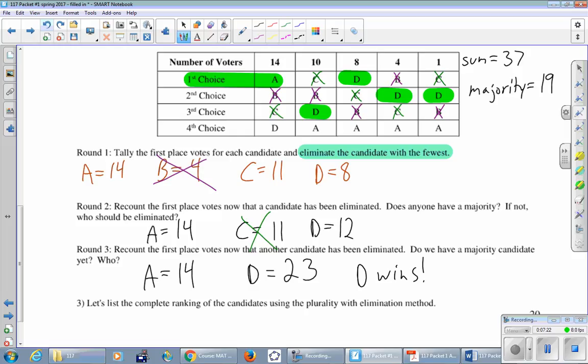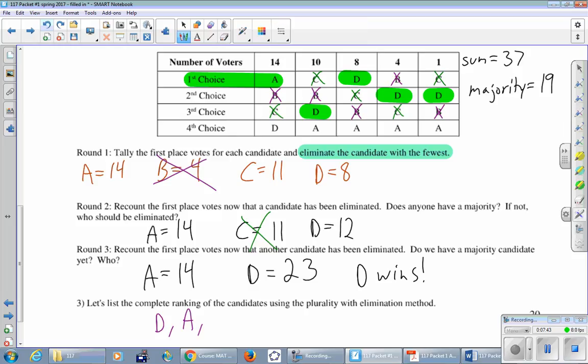Okay, so we've already discovered clearly D is in first place. So of the remaining candidates, who makes the most sense to give second place to? Well, I guess it's whoever was in the final round with D, right? And that was A. So A didn't win this thing, but A lasted longer than everybody except for the winner, which was D. So it seems only fair to call A the second place candidate.